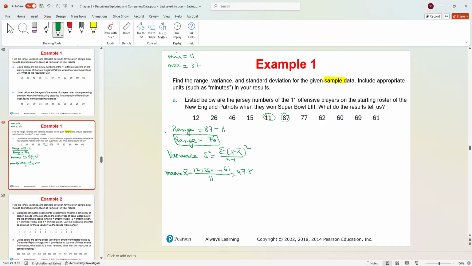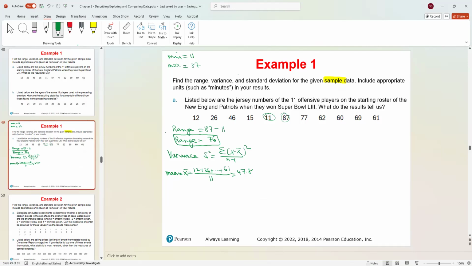All right. Now for the variance, we're going to construct a small table where we would do the variance.